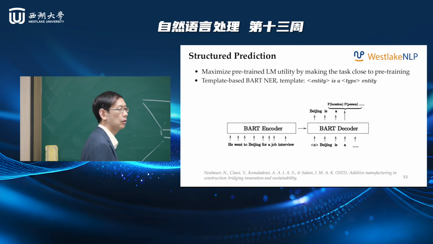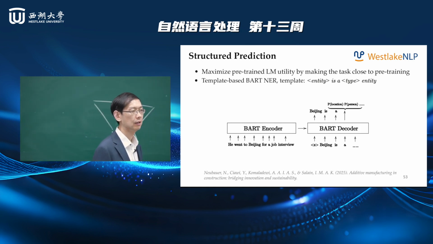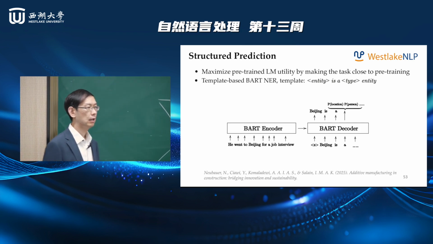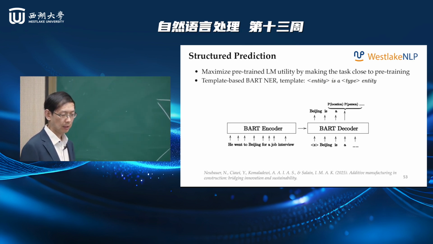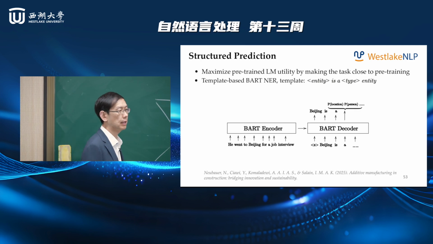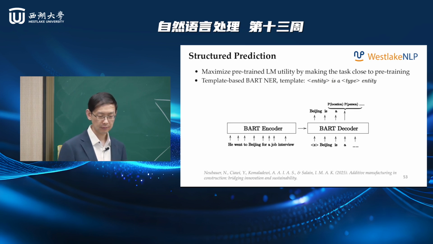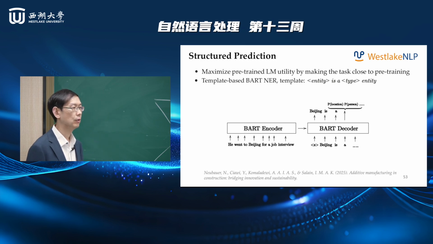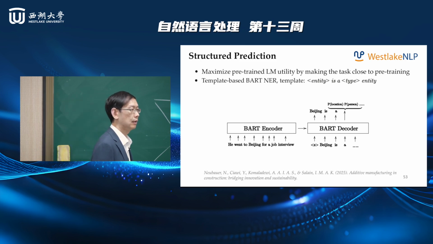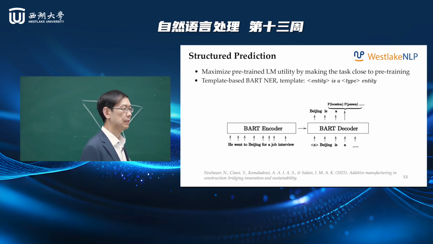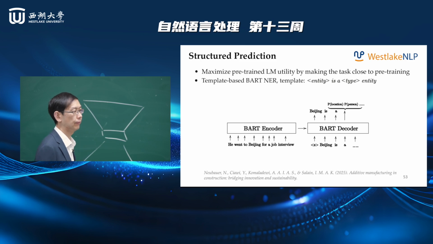I've been talking about BERT all the time. How about BART or GPT? There are some structured prediction tasks that can be solved by making use of generation. The clever thing is we can map the task into some formats that are close to the sentence prediction objective.